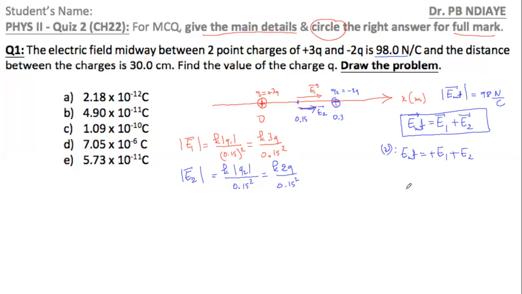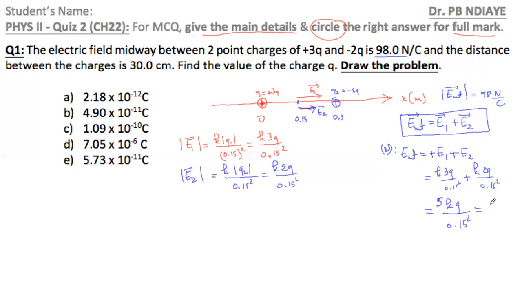Both electric fields are pointing in the same direction. So it will be K times 3Q divided by 0.15 squared plus K times 2Q divided by 0.15 squared. This gives me 5KQ divided by 0.15 squared.